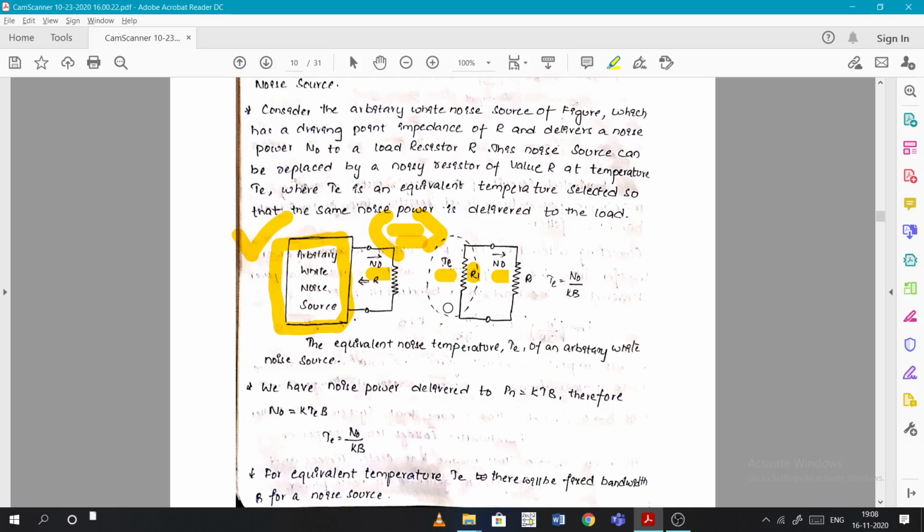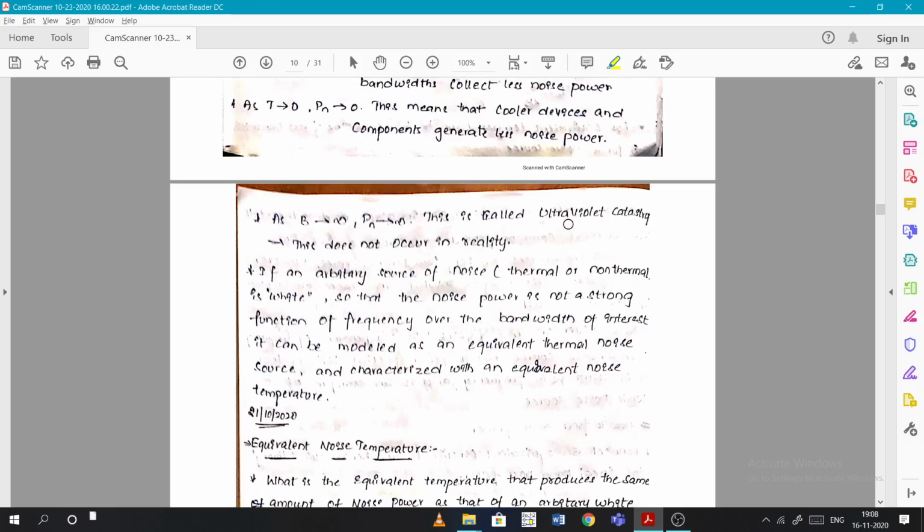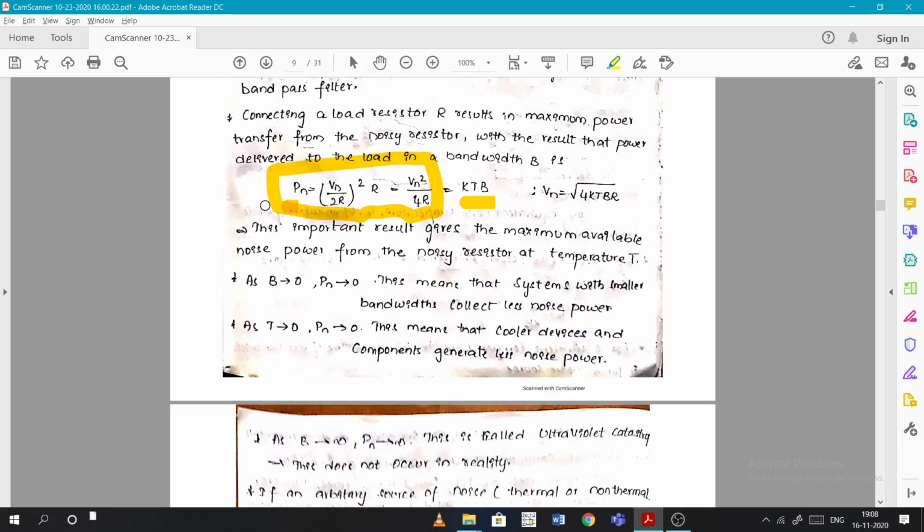So from this what we can write, as we already know, is N equals kTB, right? Basically we know that P equals kTB, but N and P are the same. N is also power, P is also power. It depends on notation: N naught or Pn, both represent the noise power only.